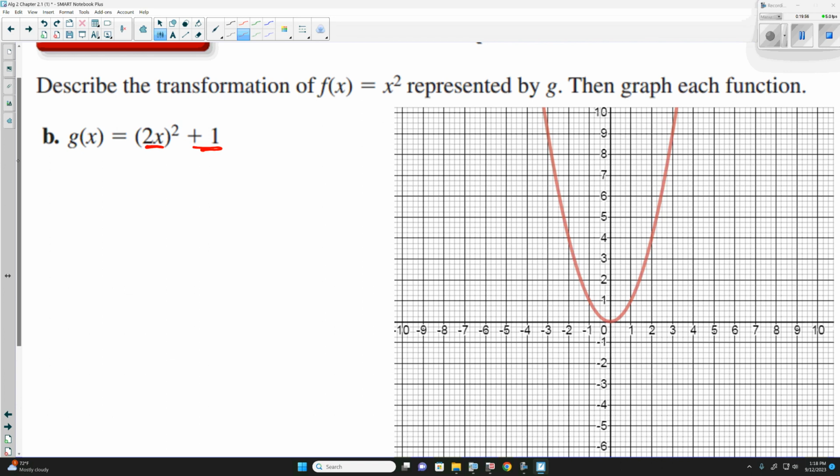How far would it go? Up 1. Good, move up 1. Now the other transformation is the 2 in front of the x, yes? So horizontal stretch or shrink, yes?